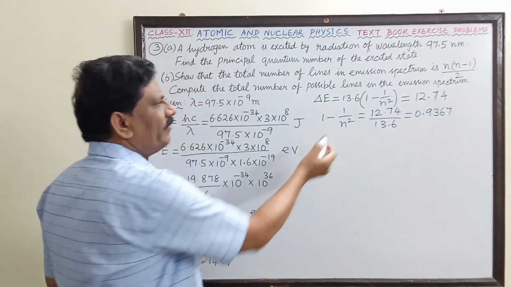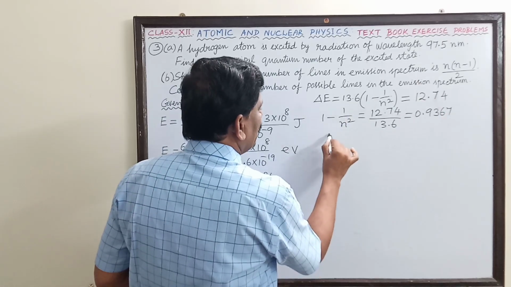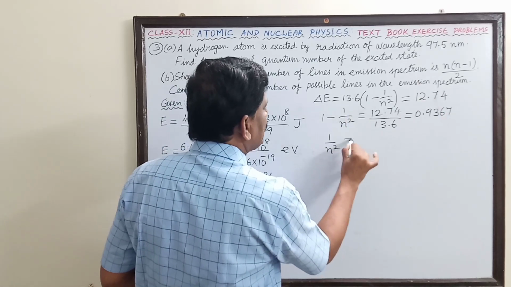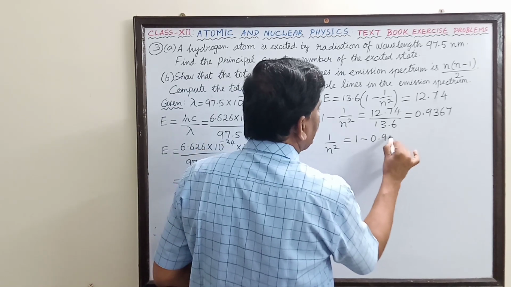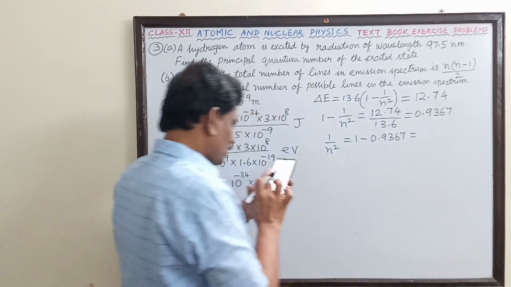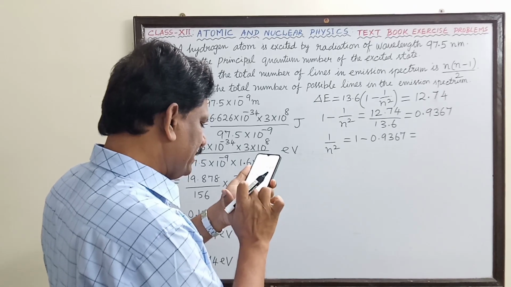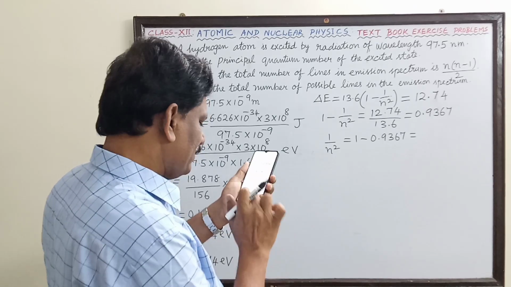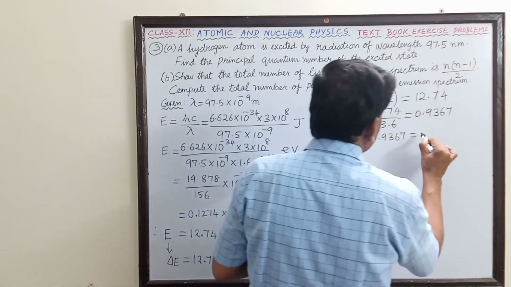Okay, what next? I will take this minus 1 by n square to the other side. So that 1 by n square is equal to 1 minus 0.9367. So 1 minus 0.9367 is equal to 0.0633.